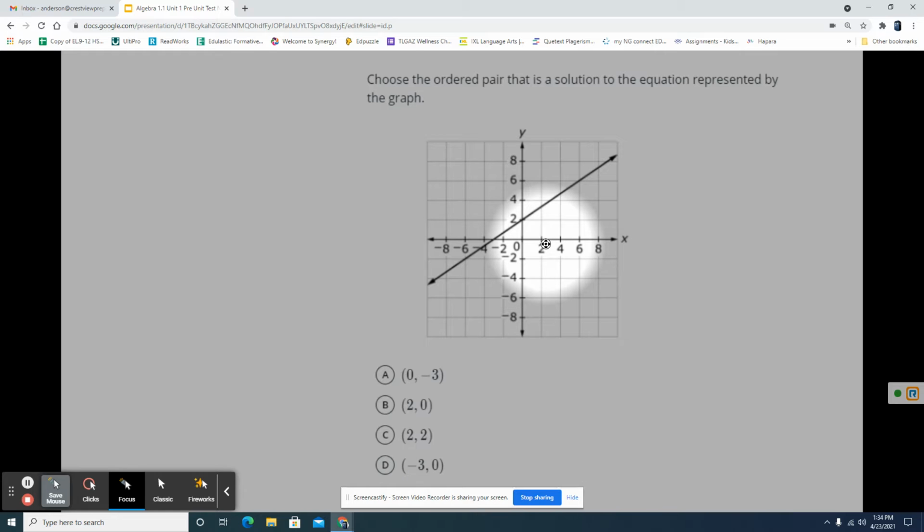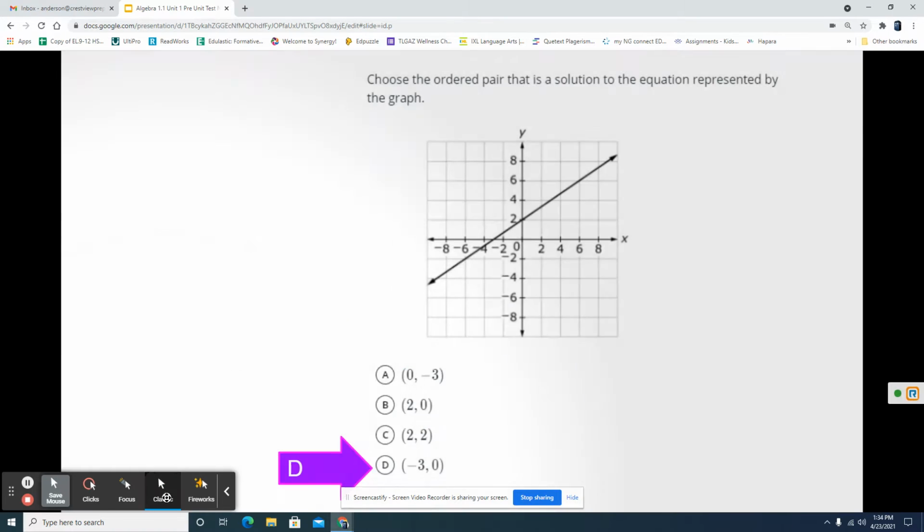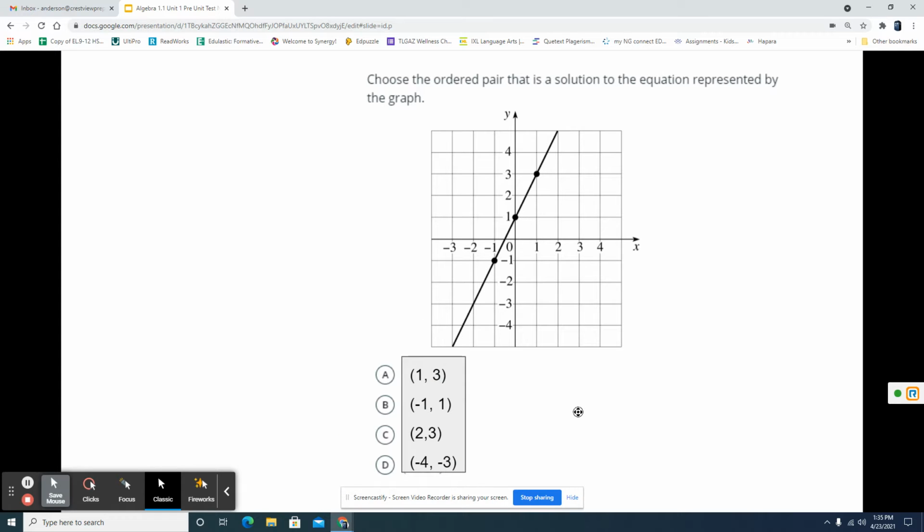And then here's our 2, 0 point, our 2, 2 point. None of those actually fall on the line. Our answer is D. Negative 3, 0 falls directly on our line.